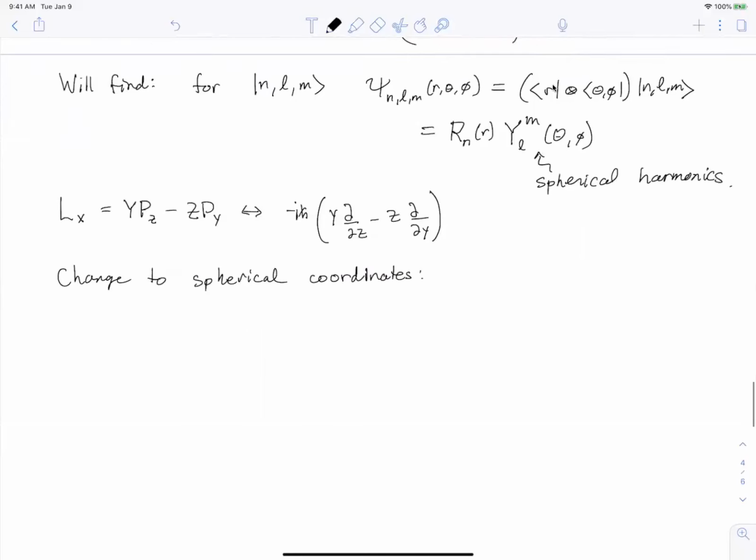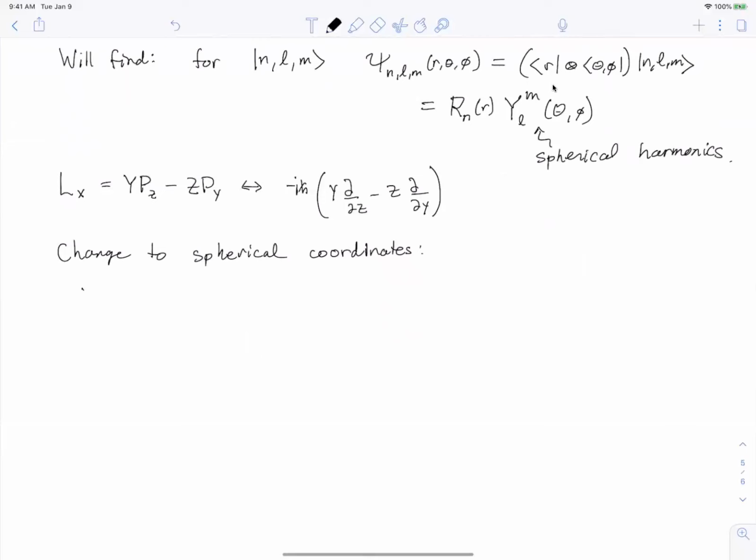Okay, and in my notation, these are defined by x equals r sine theta cosine phi, y equals r sine theta sine phi, and z equals r cosine theta.